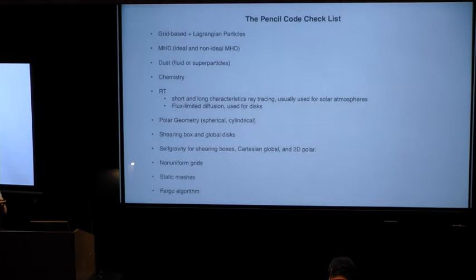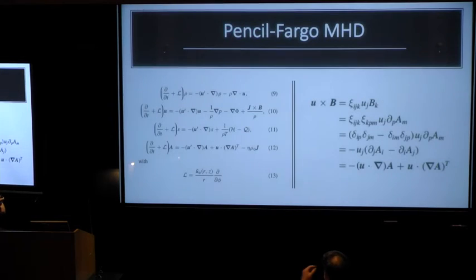Self-gravity, yeah, we have that for the shearing box, Cartesian, global, and for 2D in polar coordinates, not yet for 3D polar. The grids can be non-uniform. We don't have nested meshes yet. And Fargo, yeah, we implemented that recently, so we can try to put the next one.